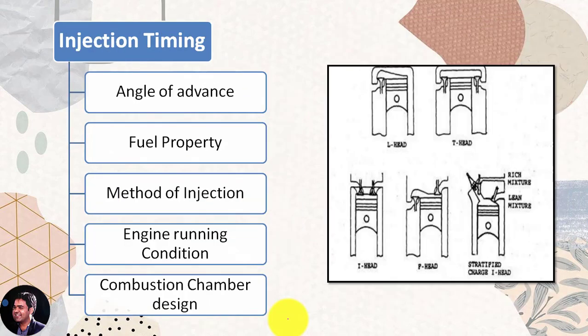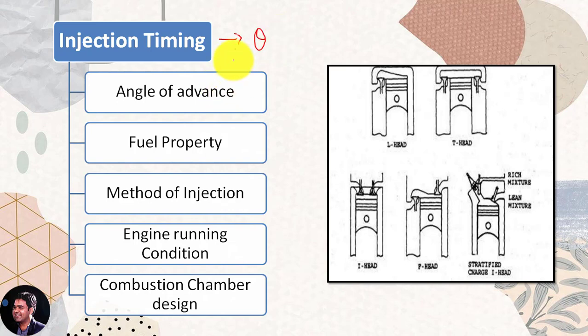Injection timing. Now, injection timing, we can consider the time at which the fuel is injected inside the cylinder, and it is always measured as an angle of rotation of the crankshaft. It is indicated by theta. Theta indicates the angle of rotation of the crankshaft.